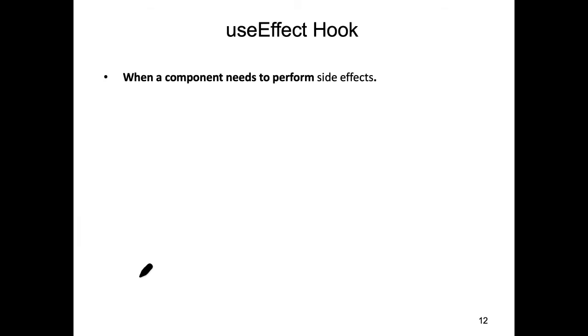A side effect is a general programming concept, which may have been mentioned in other programming languages or modules that you've come across. A side effect is when a piece of code wants to either access or manipulate something outside of its own scope. So it's reaching outside of its scope to cause an effect outside its own domain, if you like.